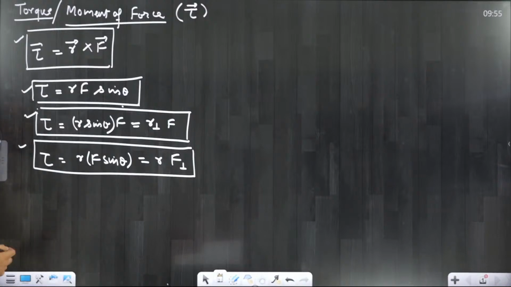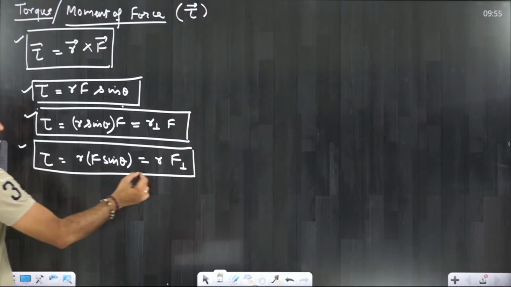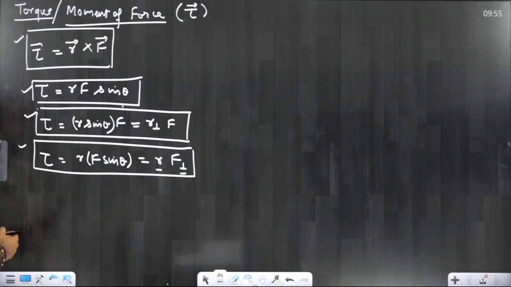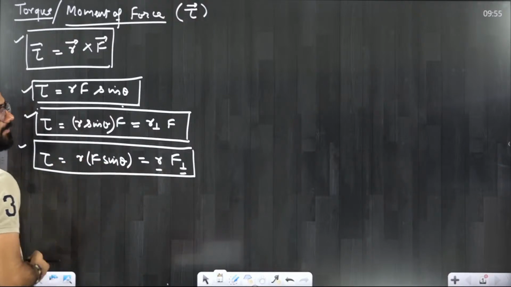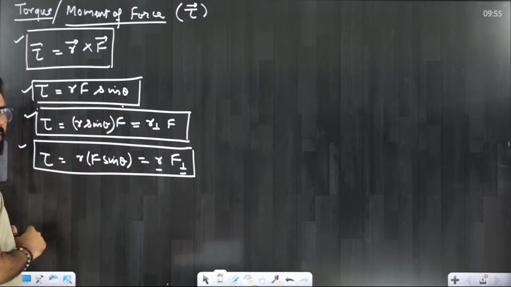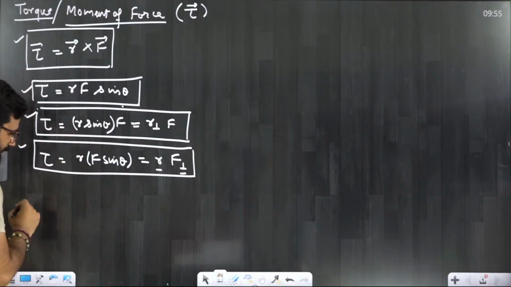So according to the question we can see how to write this torque, and how force and the position vector r are related to each other. Now try to understand.